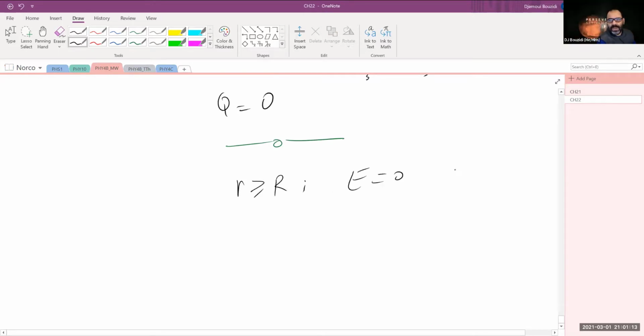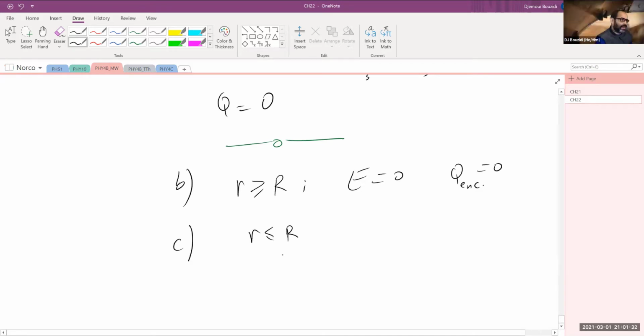I make the case for it because Q enclosed is 0. That answers that question, and that's part B, by the way. Part C now, for the region less than or equal to R. Now that's going to depend on the charge enclosed.